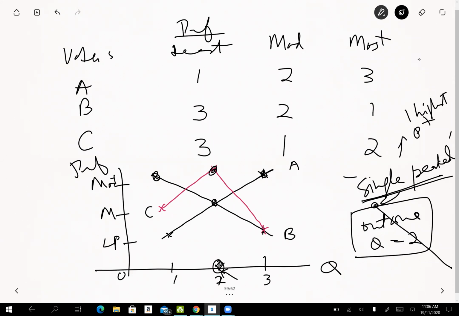Okay. That Q equal to 2 is the most preferred outcome or choice of C. You see here, for C, the most preferred outcome is 2. You look at B, B is moderately preferred, and A is also moderately preferred. So Q equal to 2 is the most preferred outcome of voter C. So that's number 1.